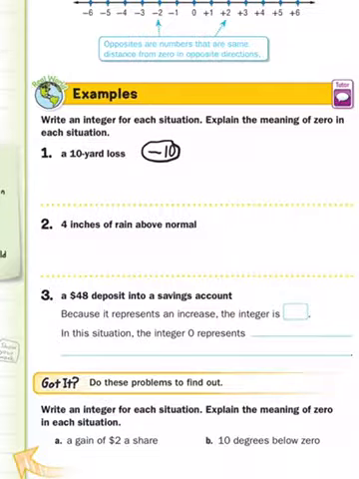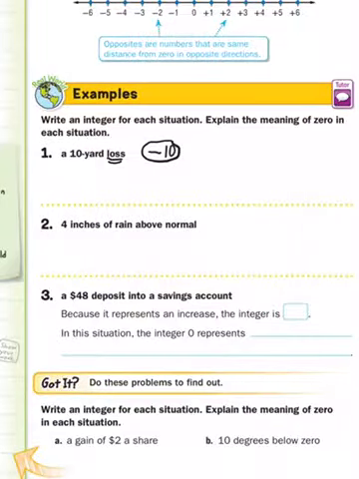The reason it's negative 10 is because it was a loss. They went backwards 10 yards. Now, in order to think of what 0 means in this situation, you actually have to write a short phrase for this. You want to think of what a negative and a positive means first. So a negative integer is a loss of yards. A positive integer would be a gain of yards.